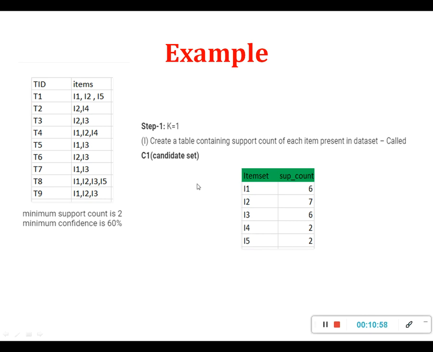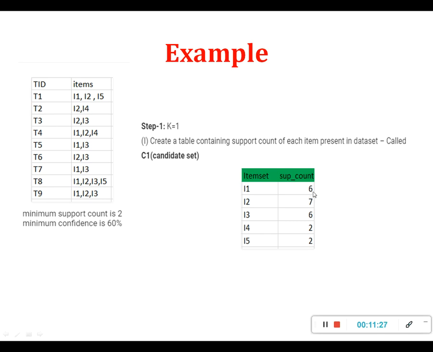Now we have created a table containing the support count of each item present in the data sets. I am calling this a support count; I can also call it a frequency count. Support count means how many times that particular item is coming in your transaction data. So if I am calculating for I1, you can see here I1 is coming 1, 2, 3, 4, 5 and 6 times.